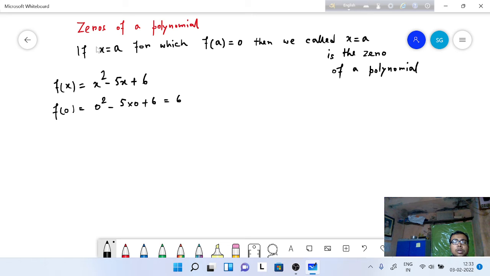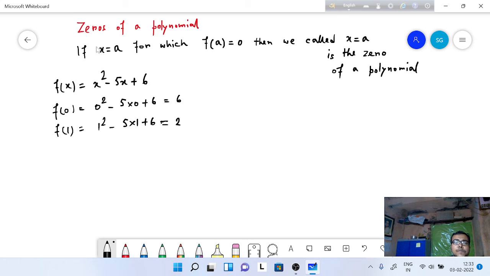Now f of 1: 1 square minus 5 into 1 plus 6, equal to 1 minus 5 plus 6, that is 2.